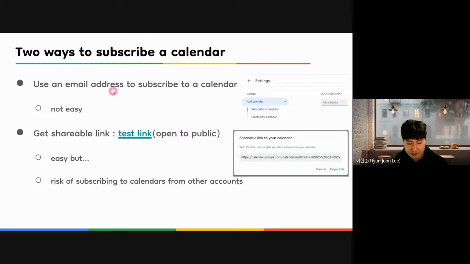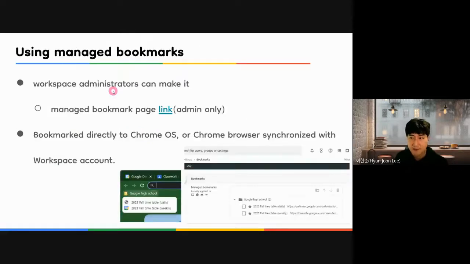However, if the subscription link is opened on mobile or another platform like Edge or something, there is a risk that it will be opened on a personal account, not a school workspace account. Therefore, it is better to use managed bookmarks to deliver links more conveniently and safely.